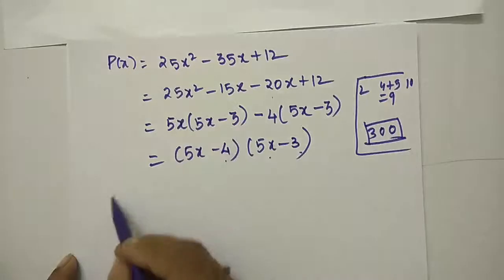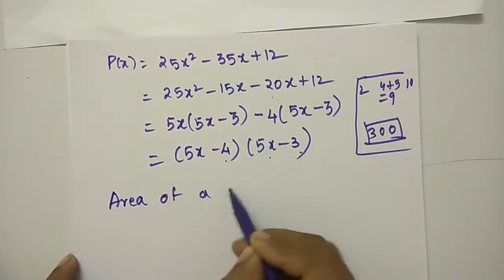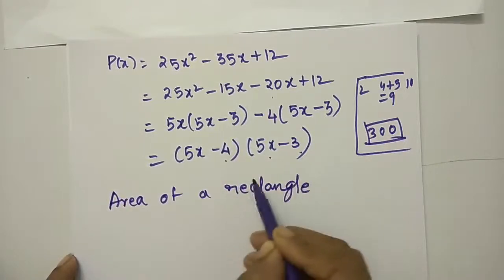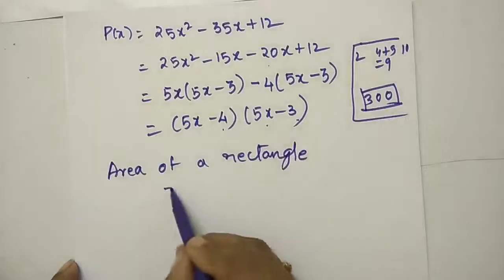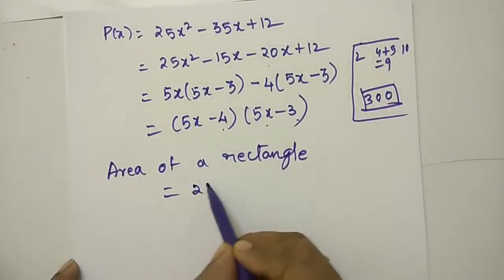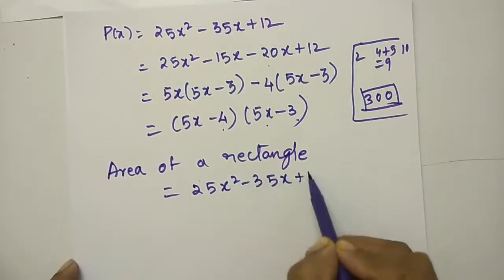They have given that the area of a rectangle is equal to 25x square minus 35x plus 12.